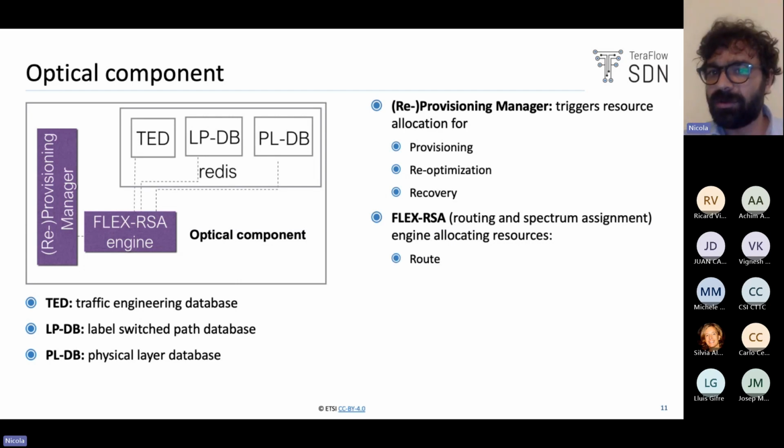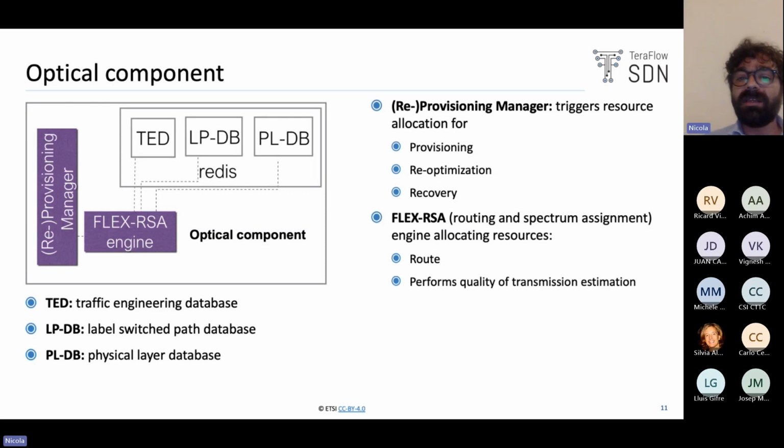In practice, the engine has to allocate to an optical service, for sure, a route within the network. It also has to perform quality of transmission estimation. This quality of transmission estimation depends for sure on the route, but depends also on the multiband scenario we are considering. This is due to physical layer effects like stimulated Raman scattering, which is particularly relevant in a wideband transmission scenario.